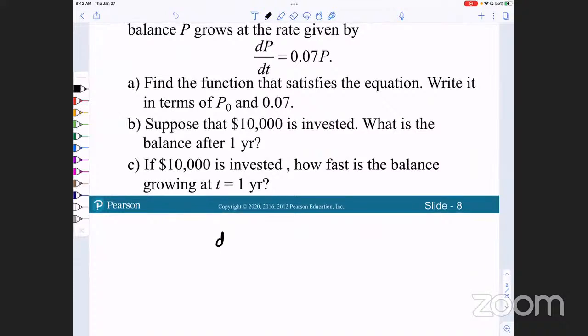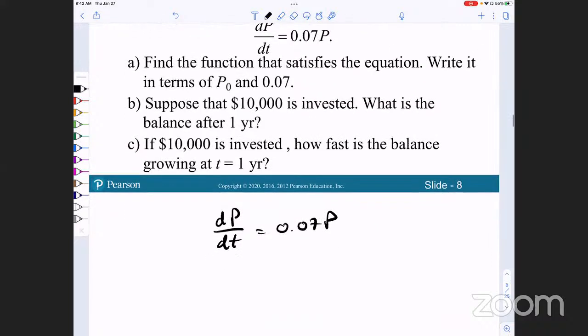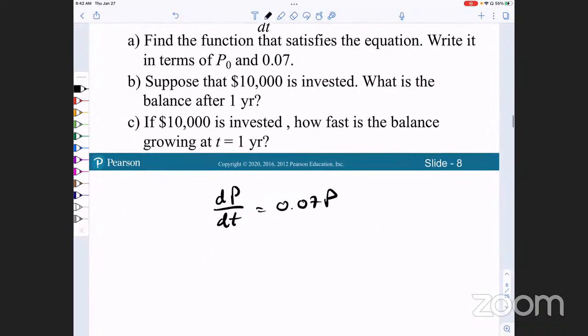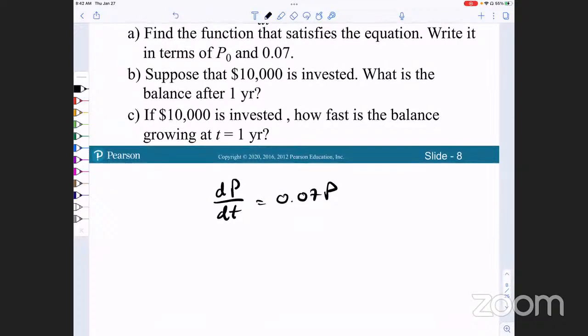We're given that dP/dt equals 0.07P, in terms of P naught and 0.07. Okay. So then that theorem is going to be what?